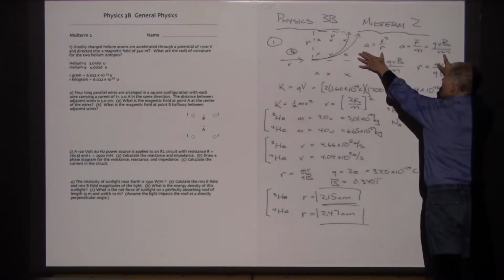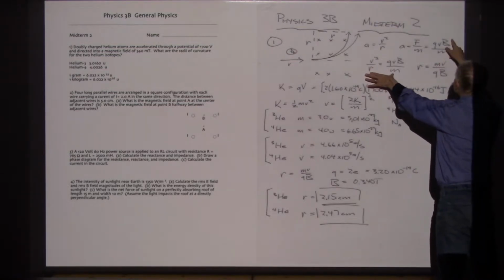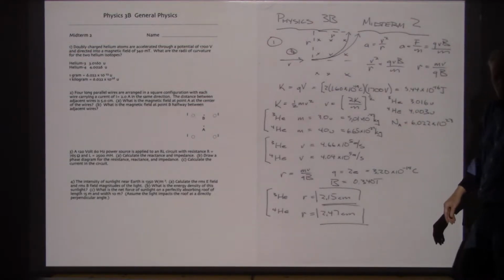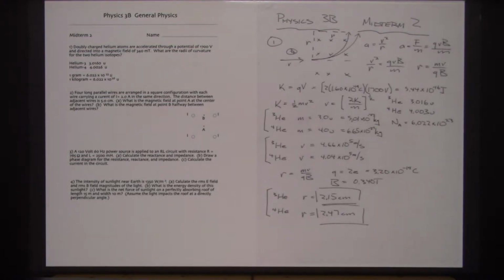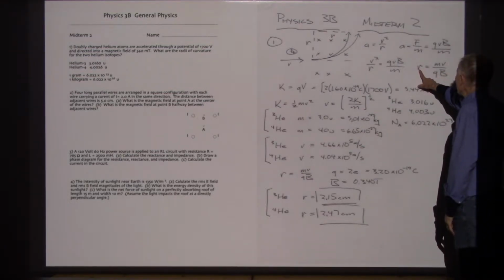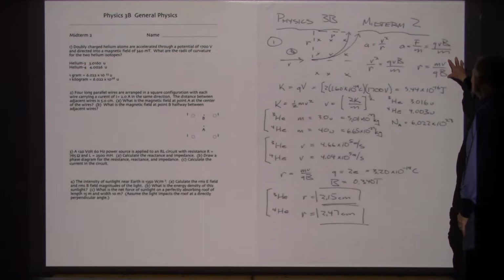I can take the kinematic formula, a = v squared over r, and set that equal to qvB over m. And what that leads us to, we've derived this already, is that we have a radius of the circular motion of a charged particle in a magnetic field given by mv over qB. So if the particle's just sitting there at rest, not much is going to happen. But if it's in motion, then it will follow a circular path given by mv over qB.